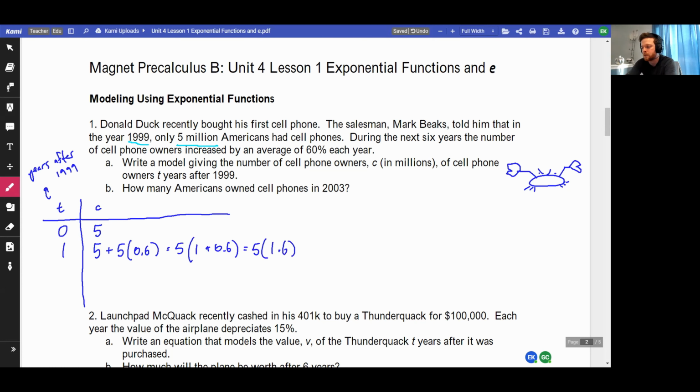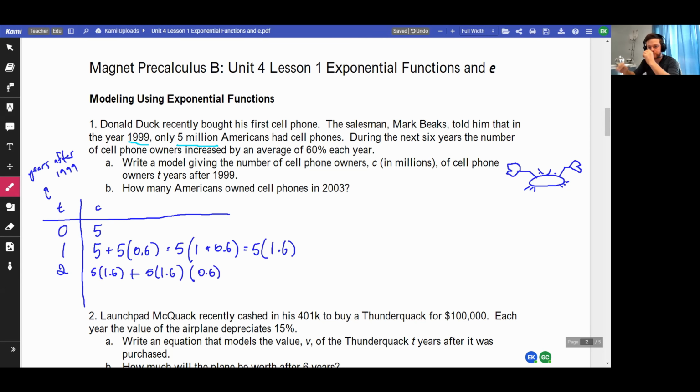I don't know what that is, but let's keep going and see if we can generate a formula for t years. What's happening after 2 years? After 2 years, you're taking what happened in year 1, the year 2000, so 5 times 1.6, and then you're adding on that previous amount times 0.6, which is 60% of the previous year.